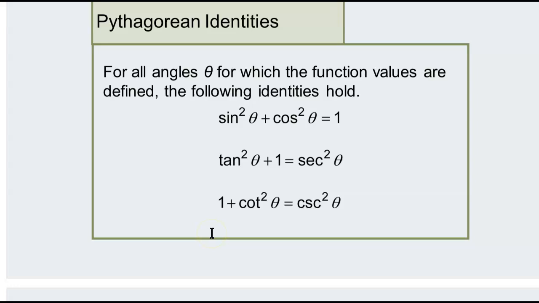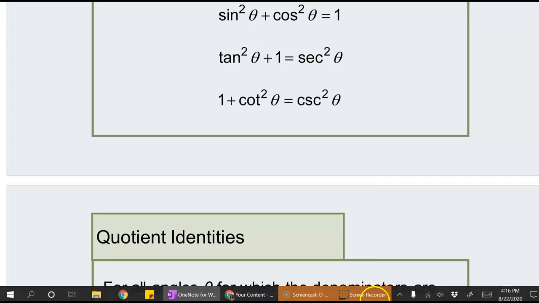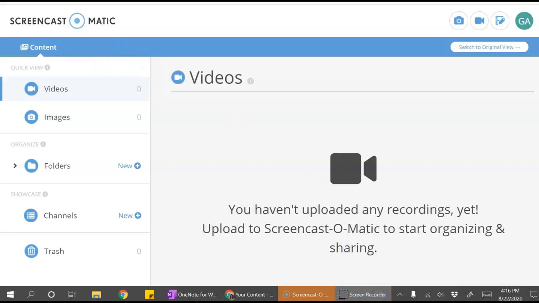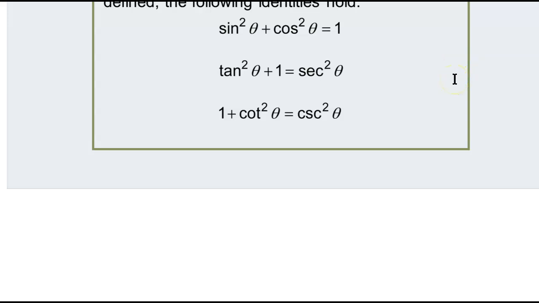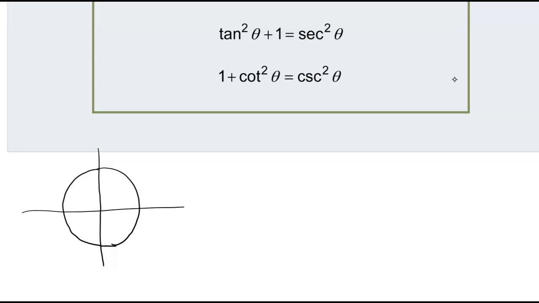So these are the Pythagorean identities, and they come from the Pythagorean theorem that we've been using all along. I'm going to show you where they come from and show you why they're true. Where we're trying to head eventually is into a unit circle situation where the radius is 1.